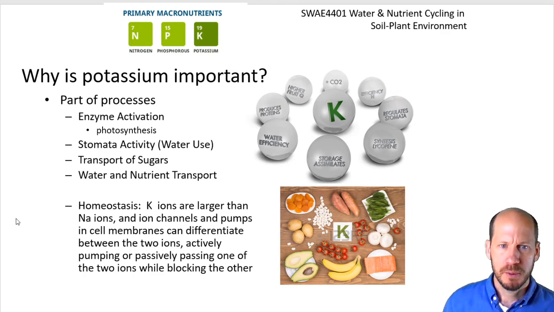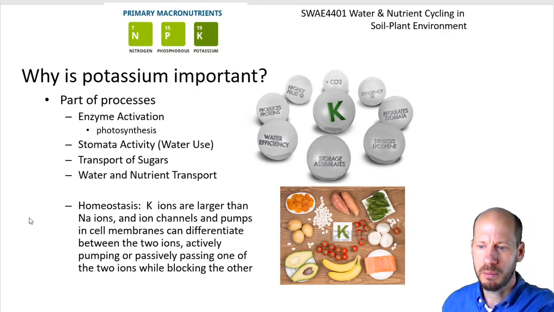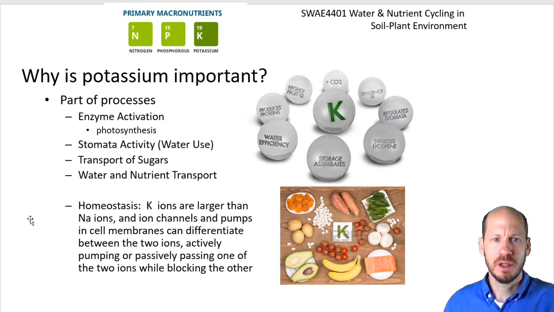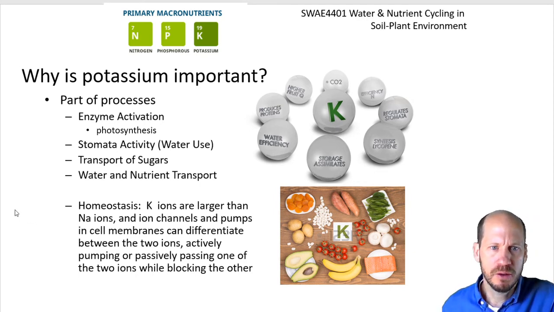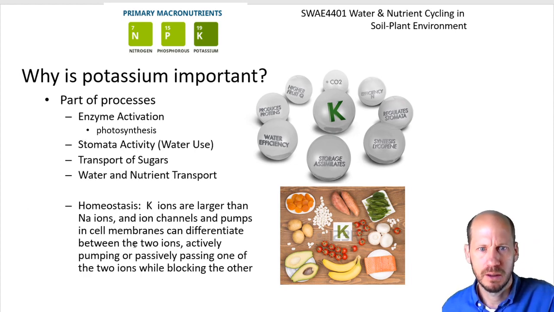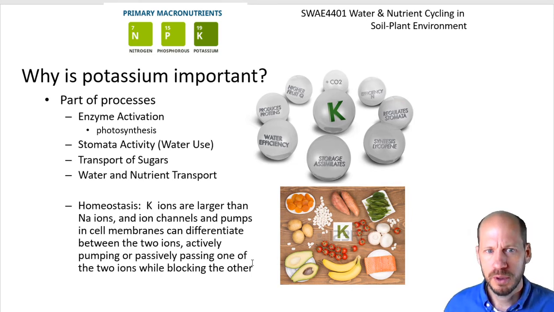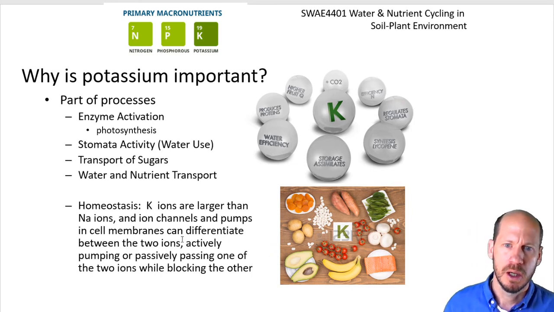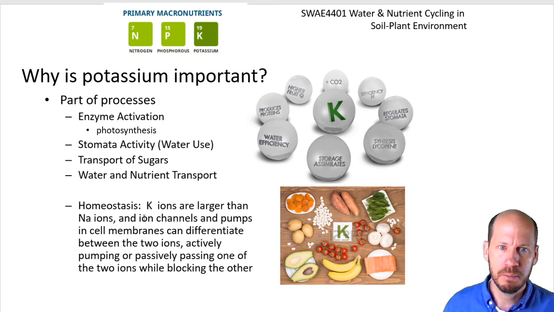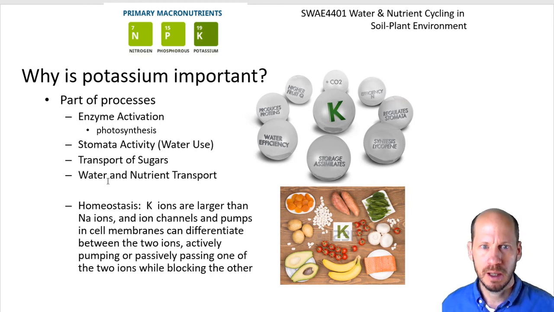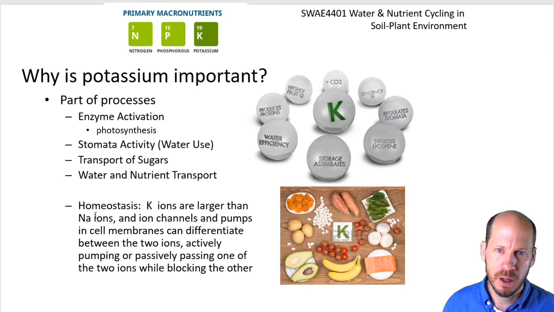So potassium, why is potassium important? Potassium, differently from other nutrients, is not found structurally in molecules in plant tissue. Potassium is always found as ions, but as ions, they are really important in the overall balance of these ions and establishing these electrochemical gradients between environments that are separated by cell membranes.